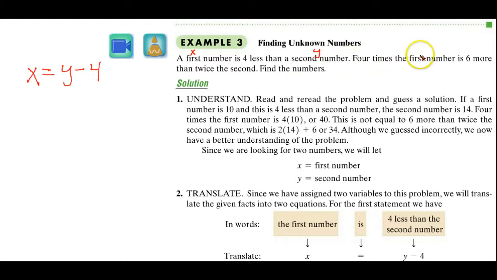Four times the first number, which we're saying is x. So 4x is an equal sign, 6 more than twice the second. Well, this is the second, so it's twice the second plus 6.